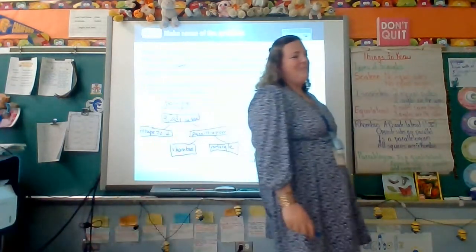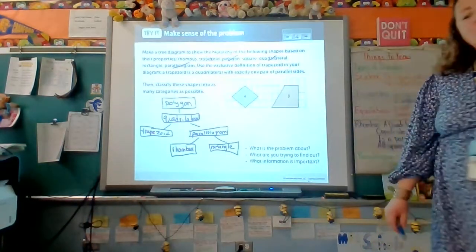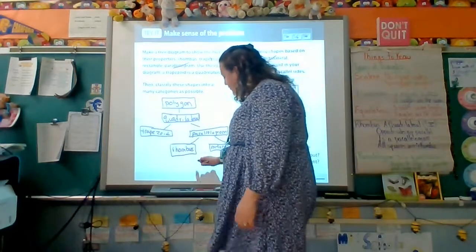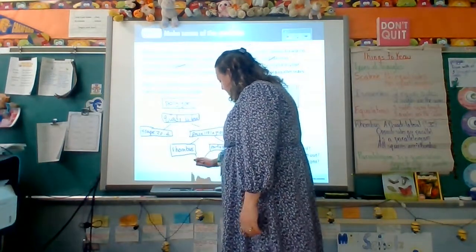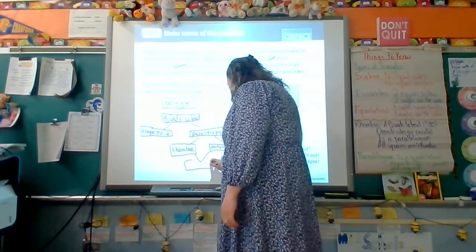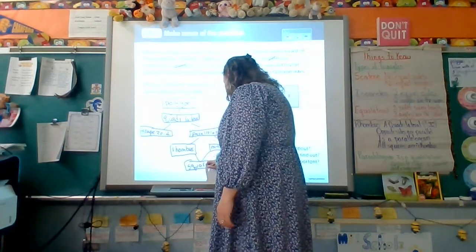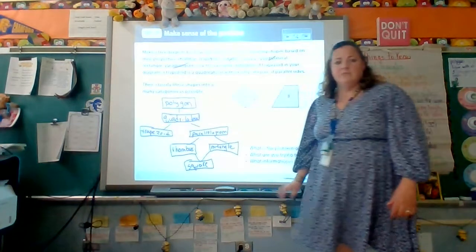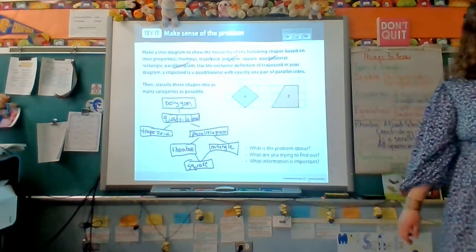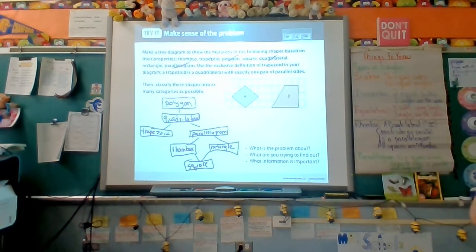Oh, I can't draw this in my life. And then a square has qualities of both. So watch this. I can make a V like for Victoria, and I can write in here square.